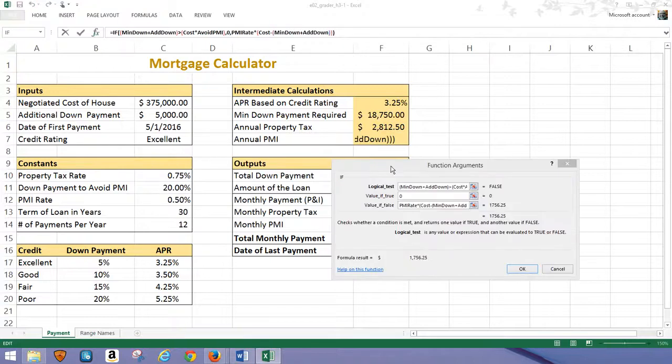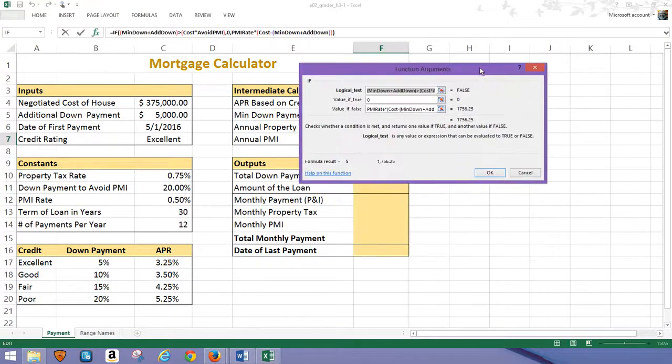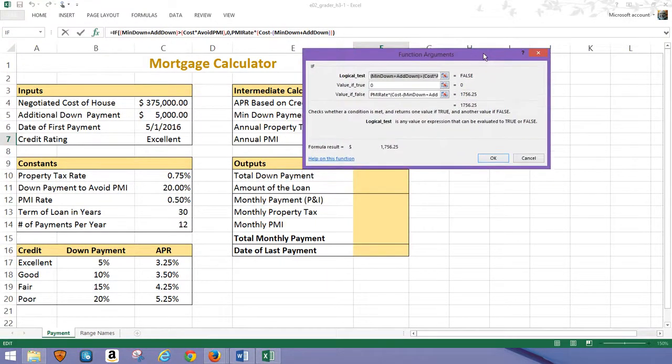Okay, I paused that for a minute to look and see what my error was. And when I put this down, I evidently had one parenthesis wrong.